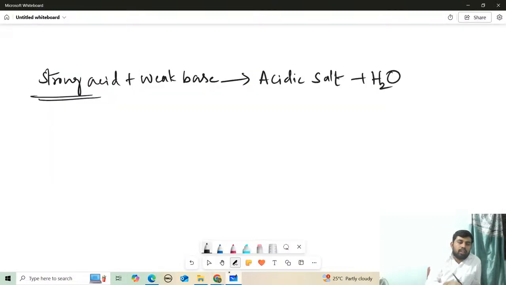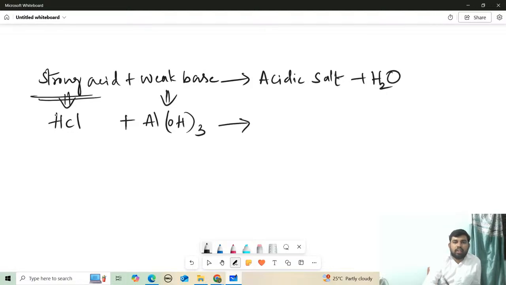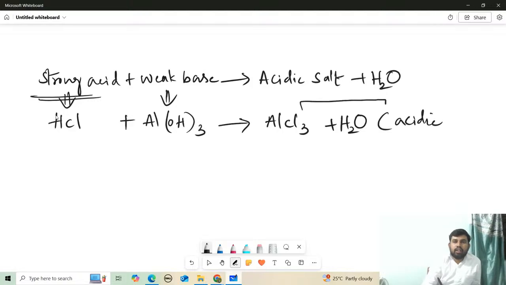Here we have HCl, which is a strong acid, and aluminum hydroxide, Al(OH)3, which is an example of a weak base. The result will be AlCl3 plus H2O. This is an acidic salt. Then what is the pH, sir?